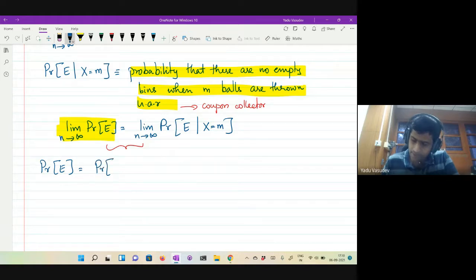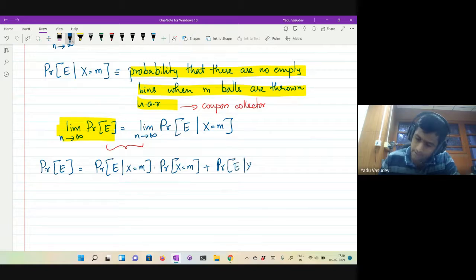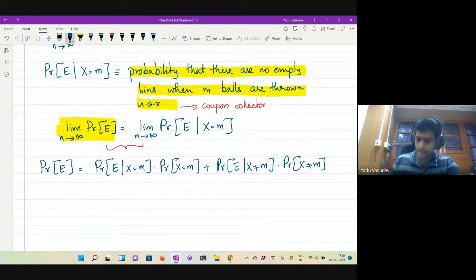This is the probability of E given X is equal to m times the probability that X is equal to m, plus the probability of E when X is not equal to m times the probability that X is not equal to m. Okay. This is one way to start out.